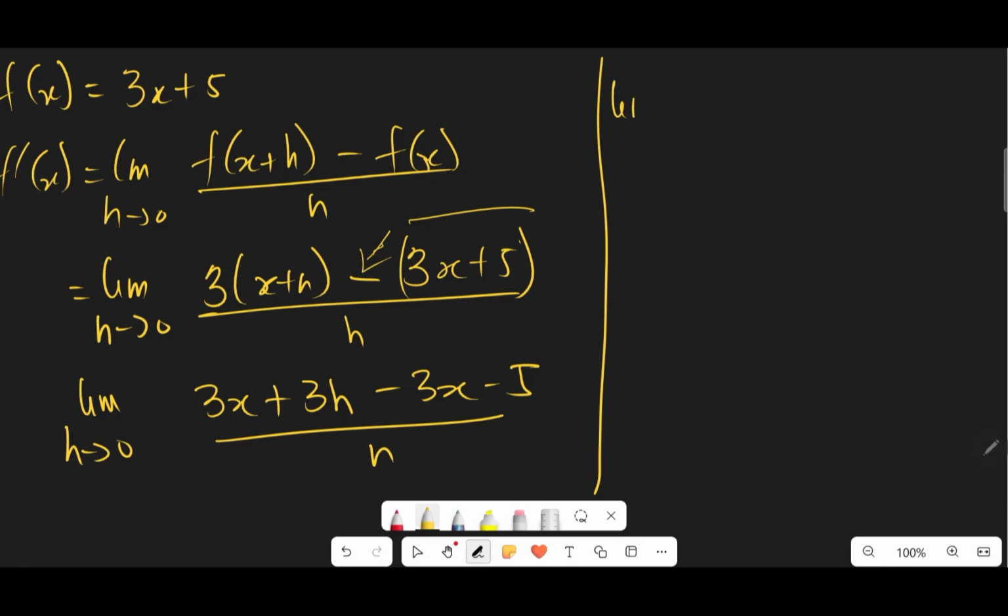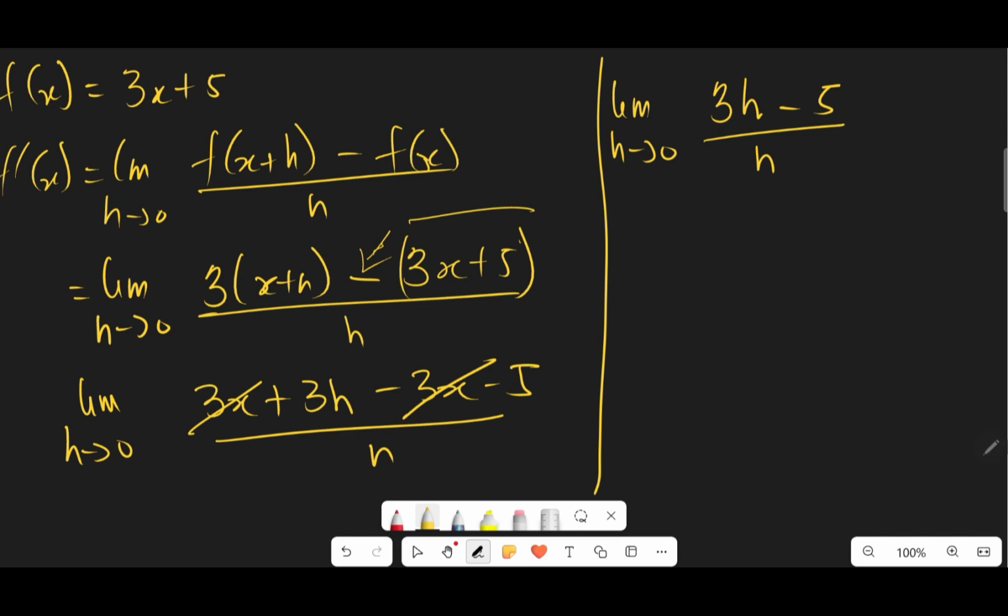So we are going to get the limit as h approaches 0. 3x minus 3x will be 0, so we are left with 3h minus 5, all over h. Now from there we can just split.